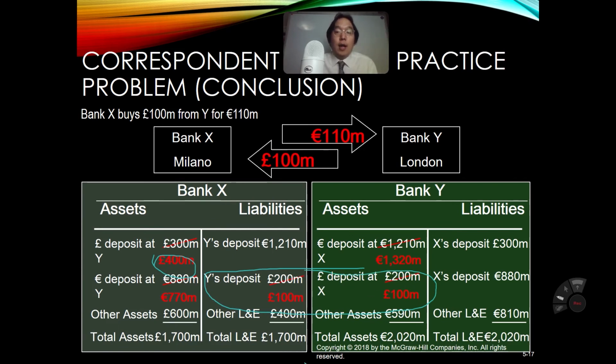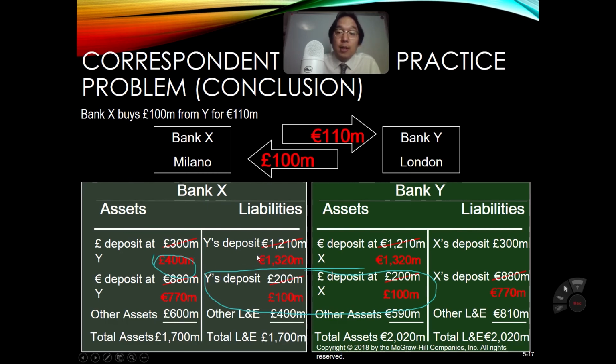And then, what else? The liability side of Bank X, Bank Y's deposit, should go up by 110 million euros.